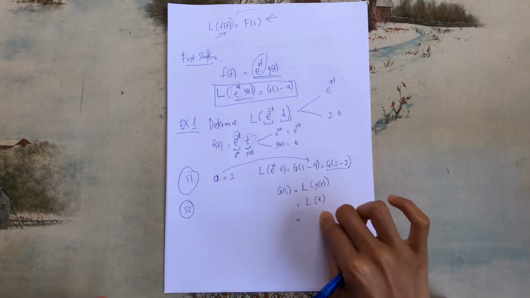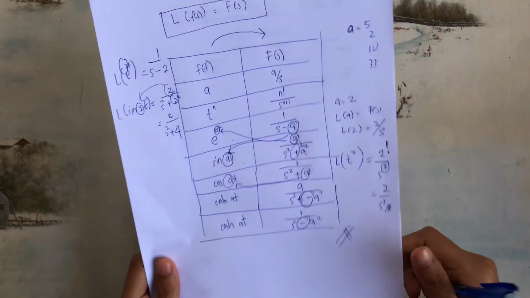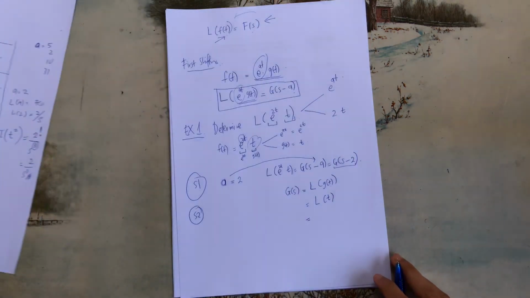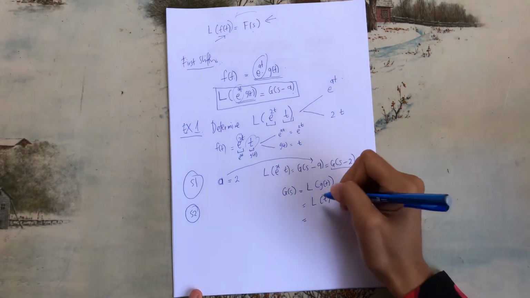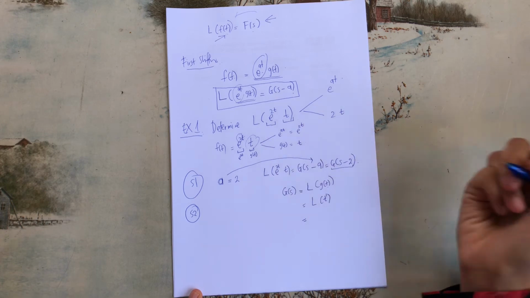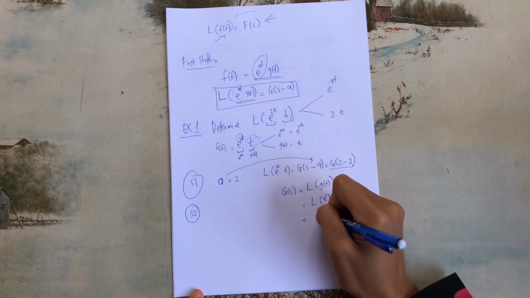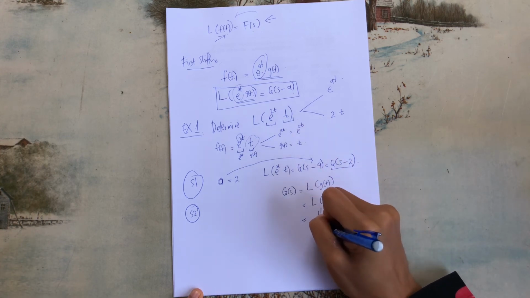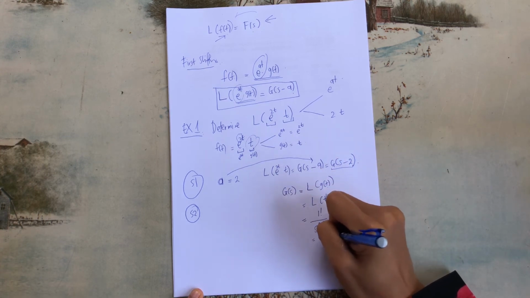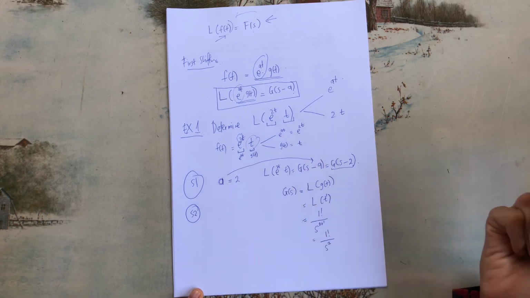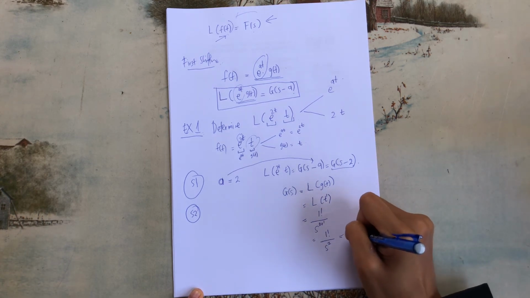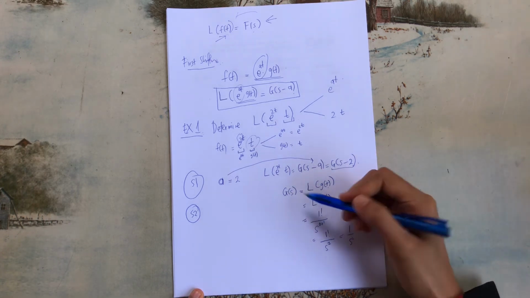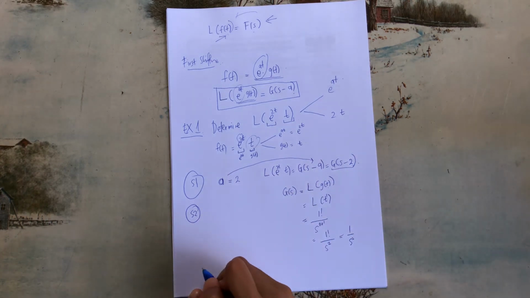By referring to your table, t is a polynomial, and your t^n is t to the power of 1. So that means it's 1 factorial over s^(n+1), so it's 1 factorial over s square. And if you calculate using a calculator, 1 factorial is equal to 1. So your G(s) is equal to 1 over s square.